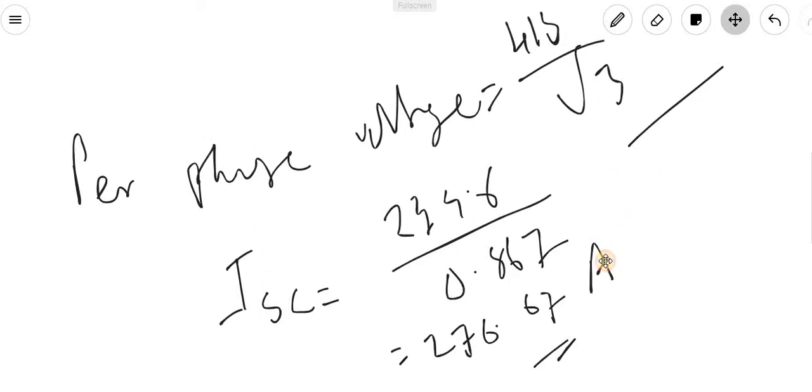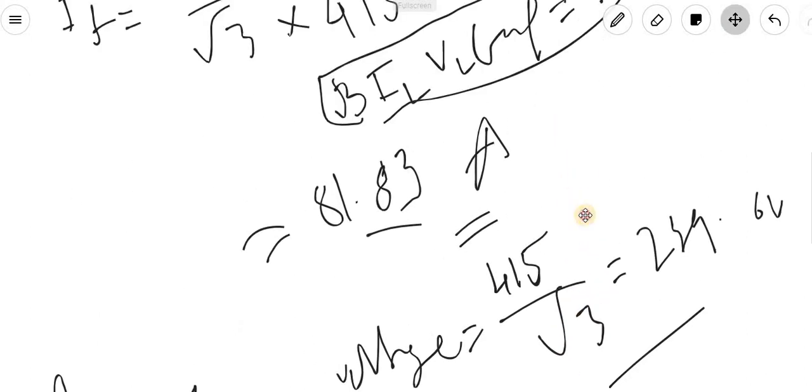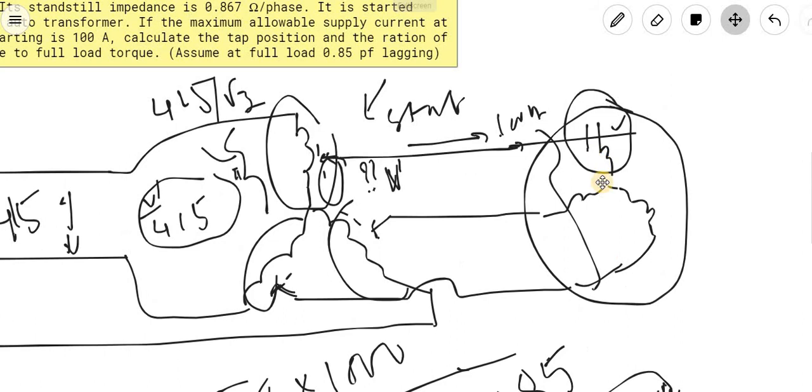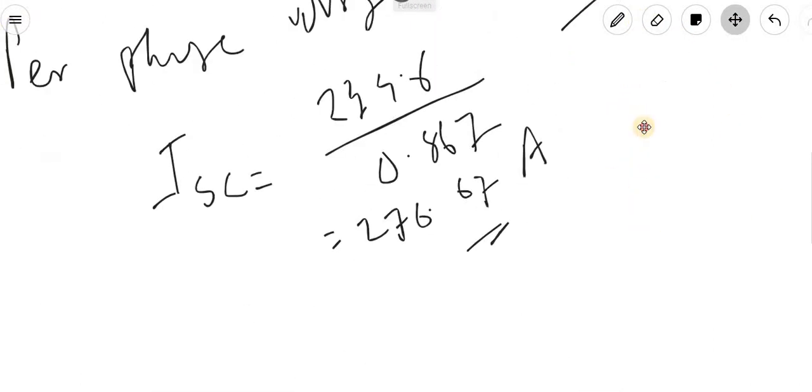Now as you know, for the auto transformer starter, suppose the tapping is k times the supply voltage, that is, k times the voltage is applied at the starting instant. Then how much will be the starting current?